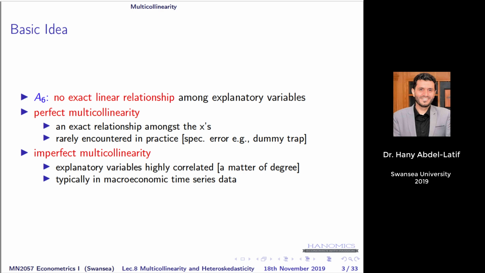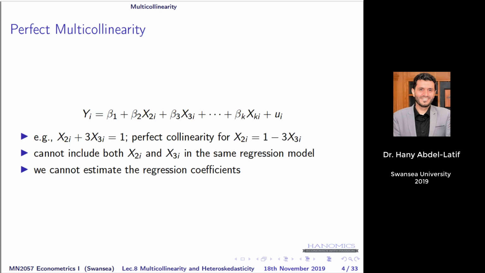So as I said, when we talk about perfect multicollinearity, you don't need to worry too much about it. But just as a quick example, if this is my model, y is a function of, or depends on, x2, x3, till xk, and for example here, if x2 plus 3x3 equals 1, okay, this is perfect multicollinearity.